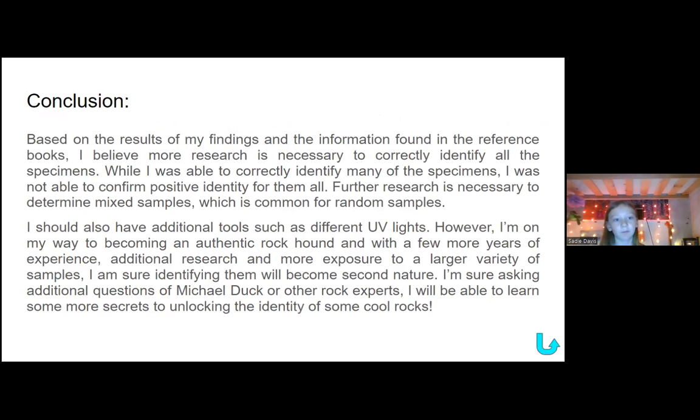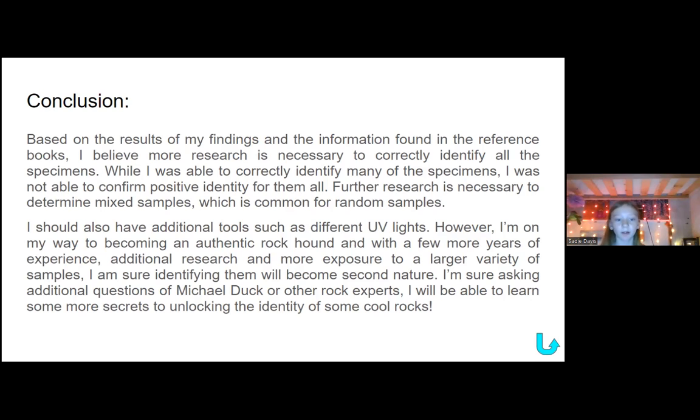My conclusion is, based on the results of my findings and the information found in the reference books, I believe more research is necessary to correctly identify all of the specimens. While I was able to correctly identify many of the specimens, I was not able to confirm positive identity for them all. Further research is necessary to determine mixed samples, which is common for random samples. I should also have additional tools such as different UV lights.